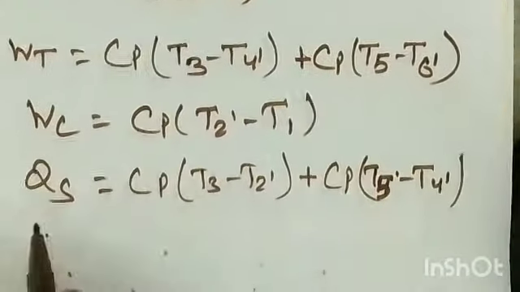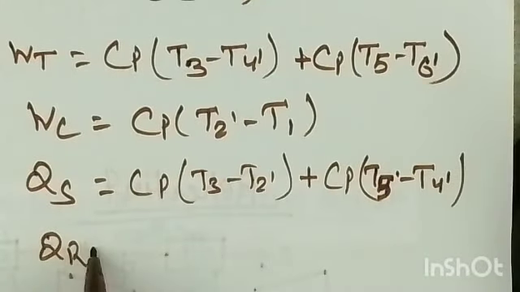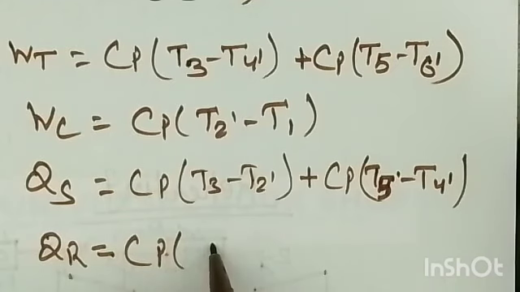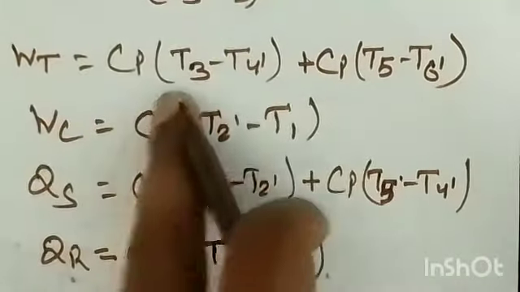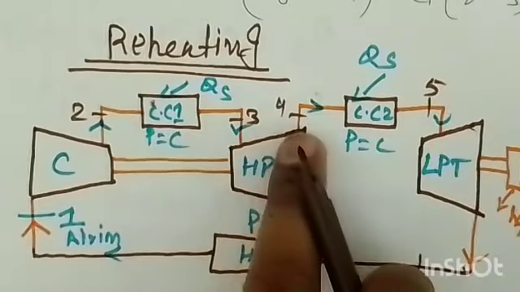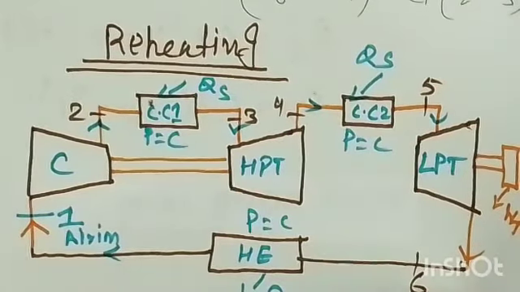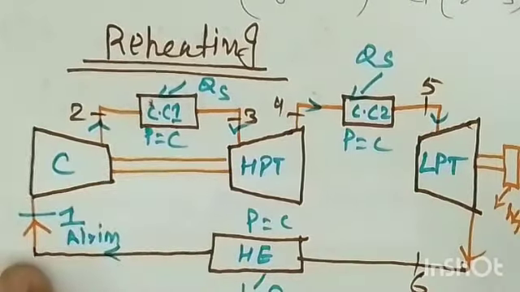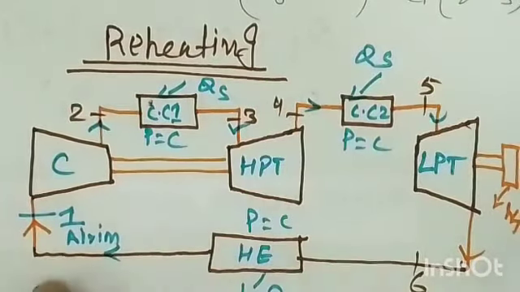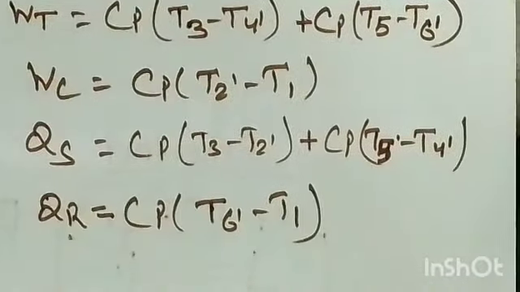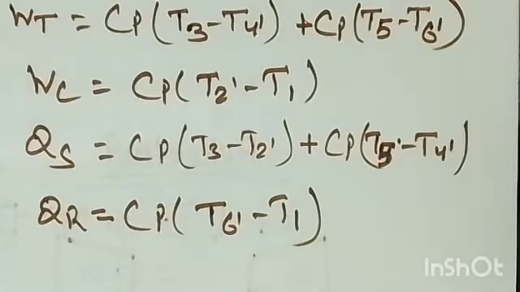And the heat rejection is Cp (T6 dash minus T1). In the ideal case, turbine work is Cp (T3 minus T4) plus (T5 minus T6), compressor work is T2 minus T1, heat supply is 2 to 3 and 4 to 5, and 6 to 1 is the heat rejection. So this is how we can do the calculation for the regeneration.